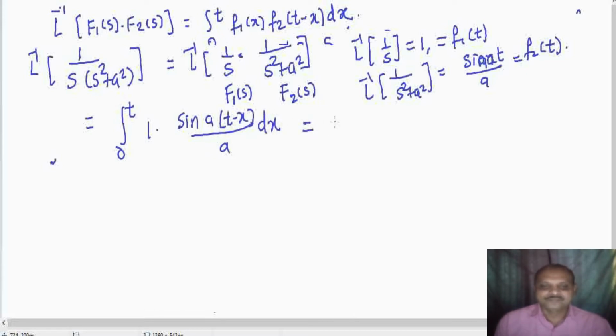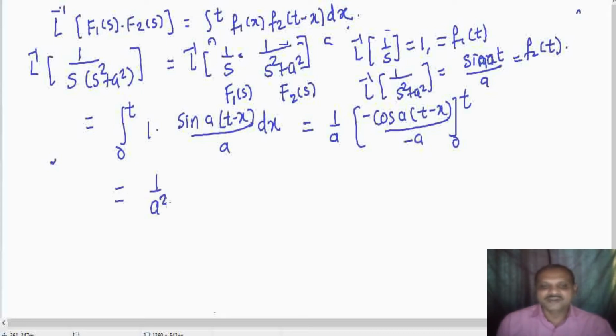Now 1 by A into the integration of sine, that is minus cos of A into t minus x divided by minus A between the limits 0 to t. So you can see that this minus minus becomes plus, and we have 1 divided by A square.